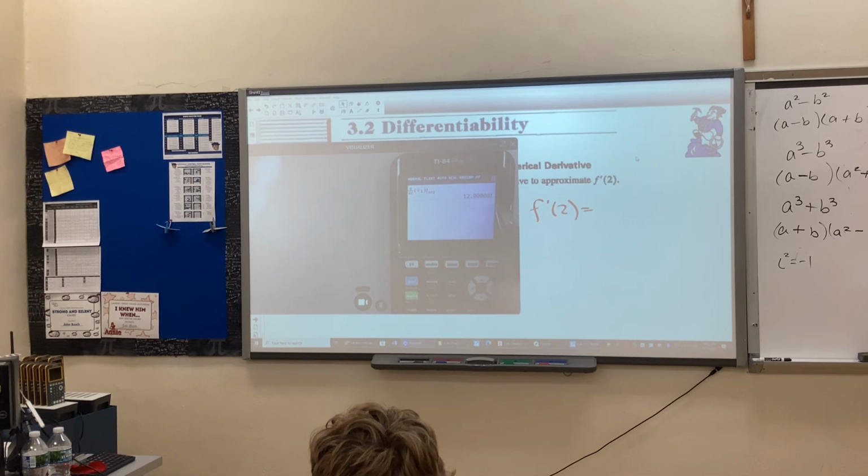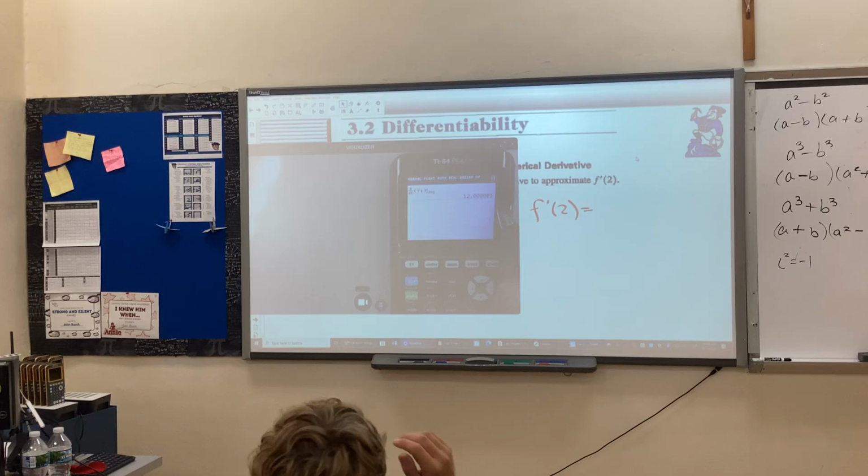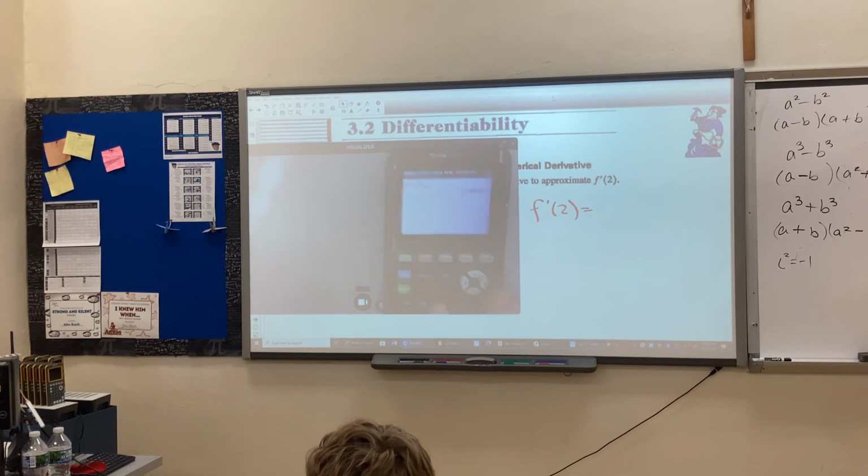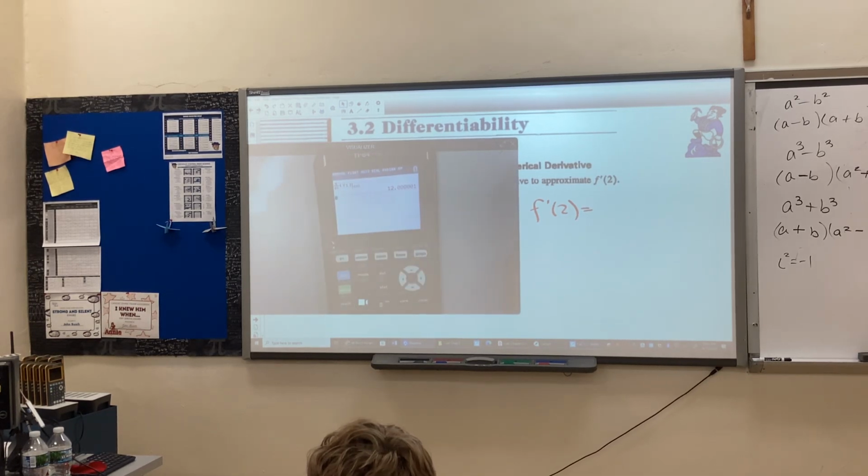Notice that it's a little bit off, because the calculator uses numbers that are approximately 2 to calculate the derivative. So the calculator will be a little bit off each time. But don't put 12.000001. That's 0.000001 off of the correct answer. So 12 is a great answer, and actually the exact correct answer.